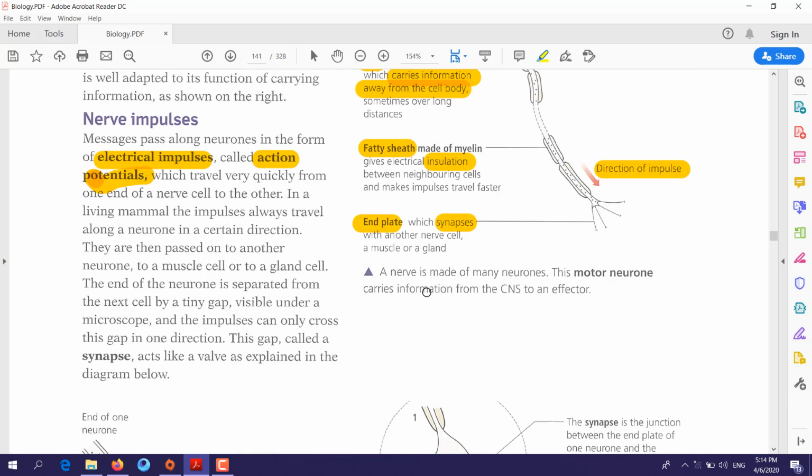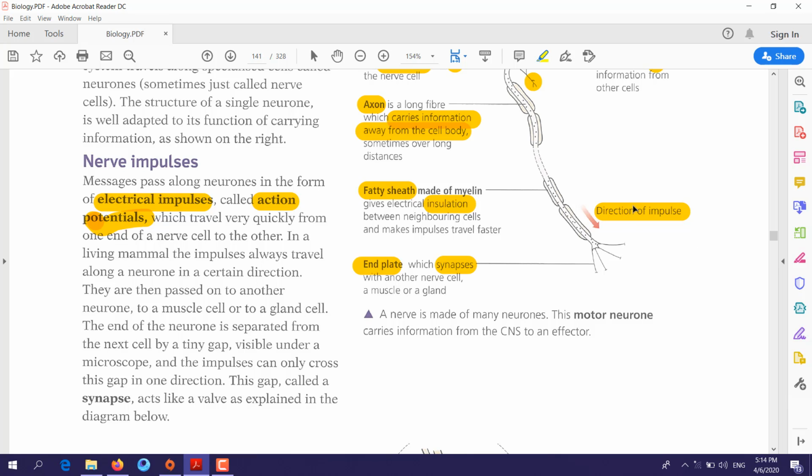One more thing. In this diagram we said the end plate synapses with another nerve cell. What does that mean? It means it will connect with another cell.